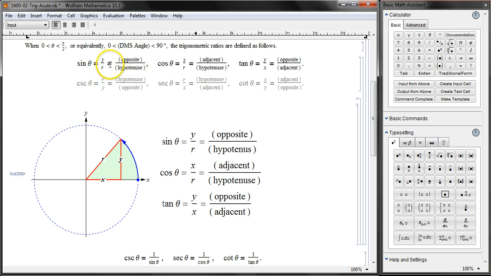Sine is opposite over hypotenuse. Cosine is adjacent over hypotenuse. Tangent is opposite over adjacent. Those three are the important, standard trigonometric ratios, which are pictured here.